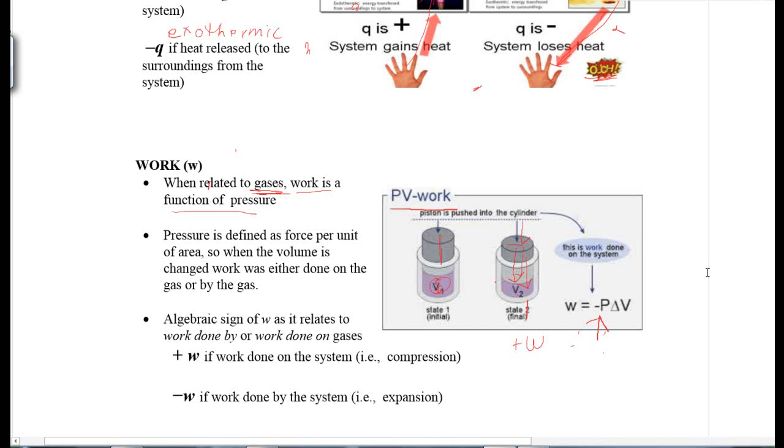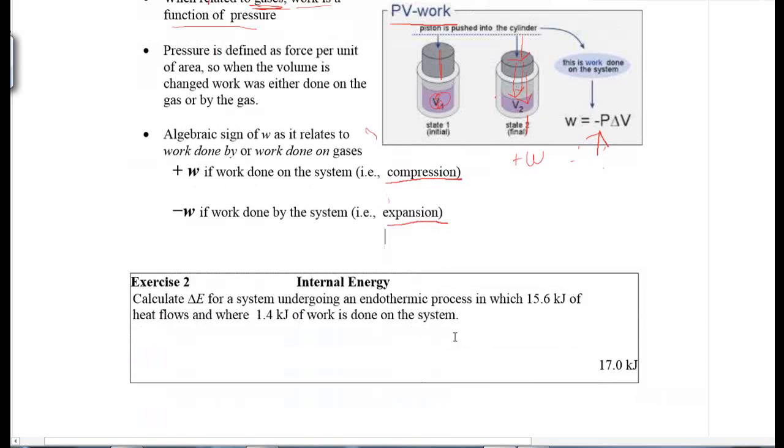So if we have compression of a system because the amount of gas is going down, then we are doing positive work. If we have expansion, if we are creating more gas or creating more volume, then we are doing negative work. The work is leaving the gas and going into the surroundings.